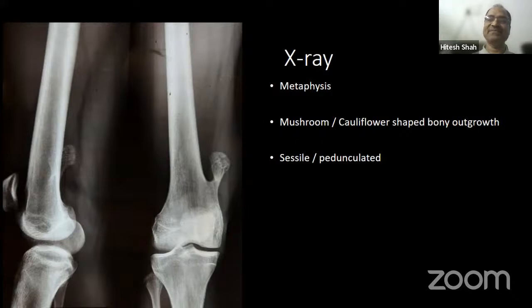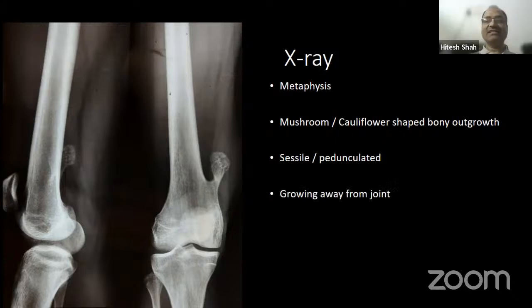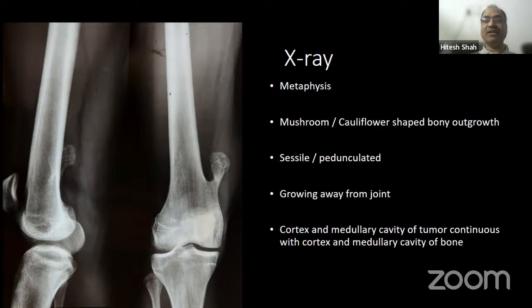Is this tumor sessile or pedunculated? This is pedunculated, sir. Yes, it is pedunculated. Typically it is said that it grows away from the joint. The cortex and medullary cavity of the tumor are continuous with the cortex and medullary cavity of the bone, and it appears smaller in the X-ray.